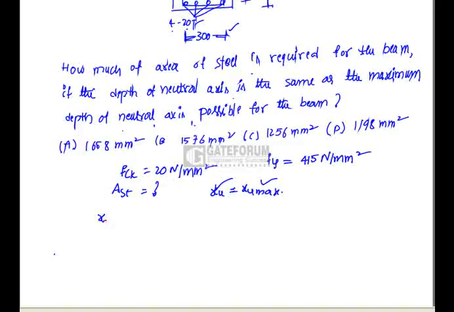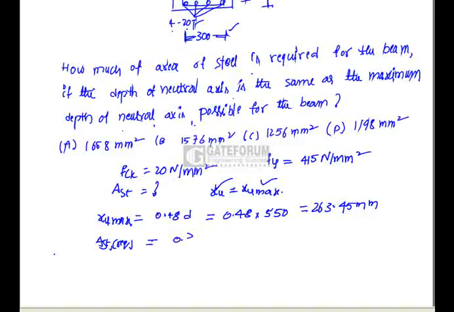From this we know that the maximum depth of neutral axis for this type of steel is 0.48 d, that is equal to 0.48 into 550 millimeters is equal to 263.45 millimeters. From the equilibrium of a balanced section, we know that Ast required is equal to 0.36 b fck xu by 0.87 fy.